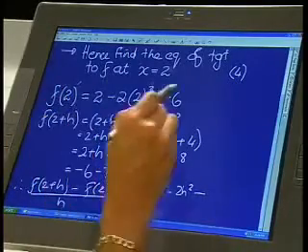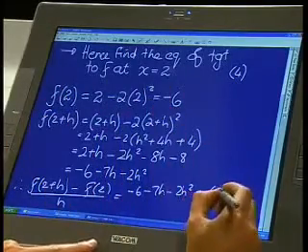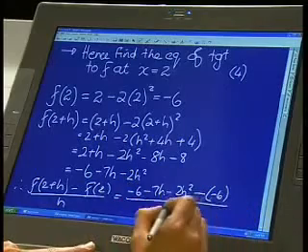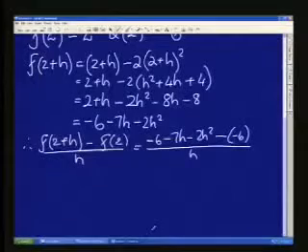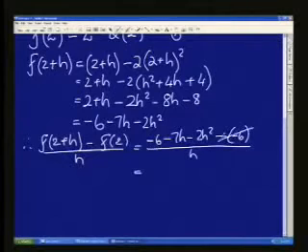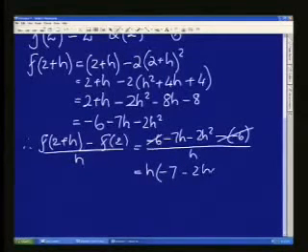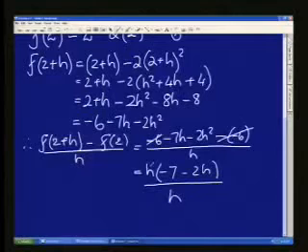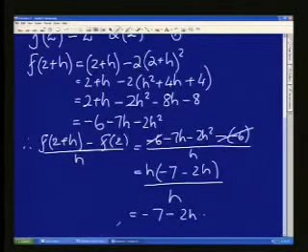My f of 2 was minus 6. All of that divided by h. And you guys can see minus 6 plus 6, those two are going to cancel each other out. At the same time, you guys are so good at doing these questions, take out your h immediately, don't waste time. Minus 7 minus 2h over h, the h's are gone, and you have minus 7 minus 2h.